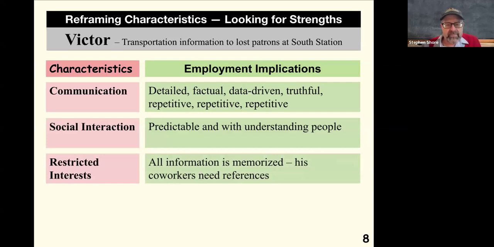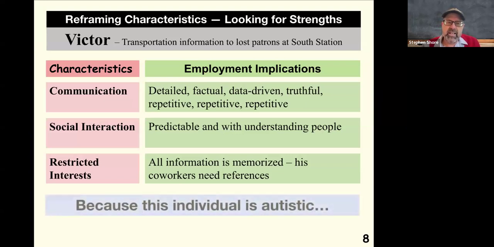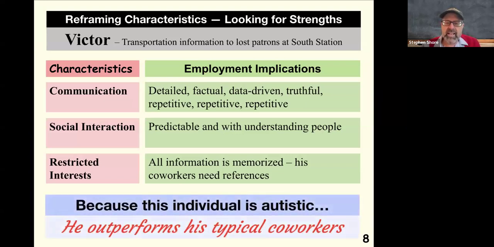And as a result of his interest in trains and transportation system information, he's memorized all of this. And as a result, he can access this information much faster than his coworkers who have to look it up in a reference. And because Victor is autistic, he outperforms his typical coworkers.